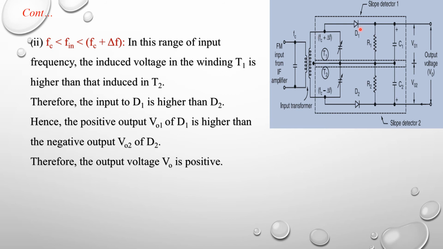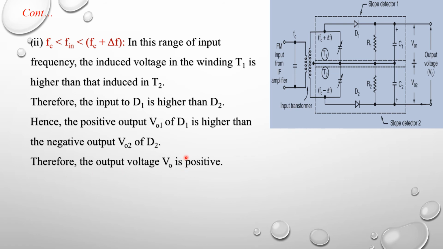So here diode D1 is higher than the diode D2. Hence the positive output voltage V01 of diode D1 is higher than the negative output V02 of diode D2. So here we get the positive voltage and here we get the negative voltage. So therefore the output voltage V0 is positive.